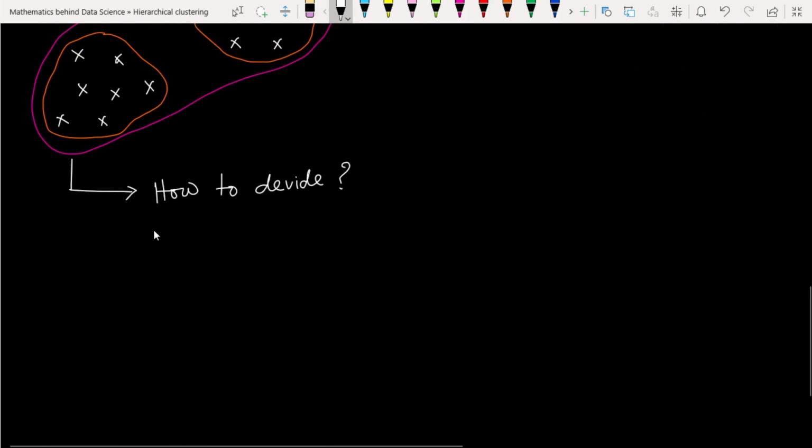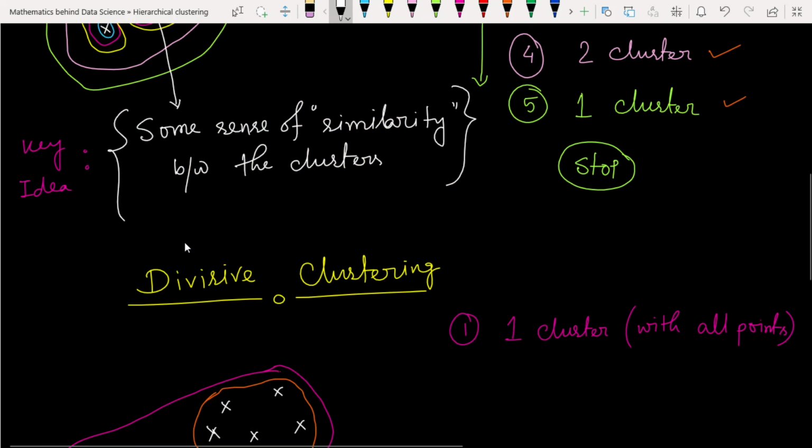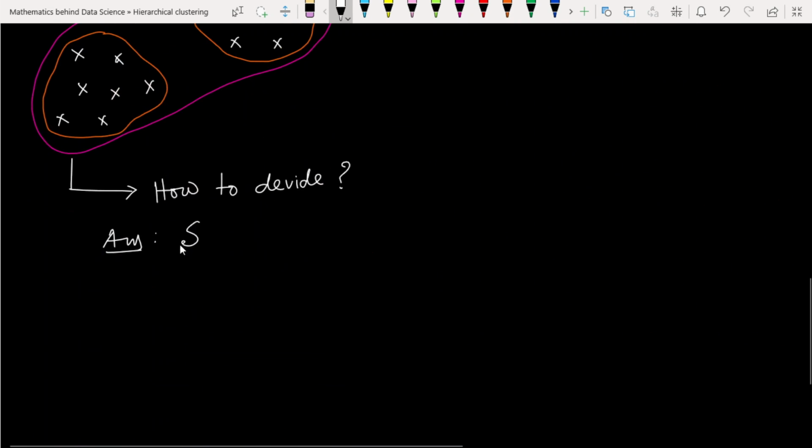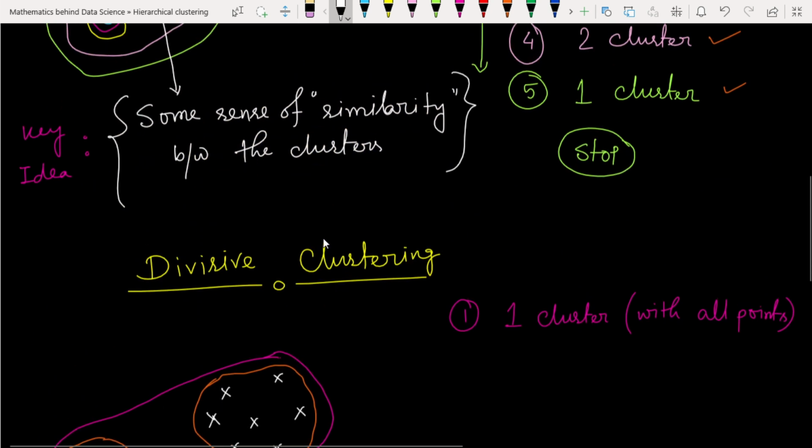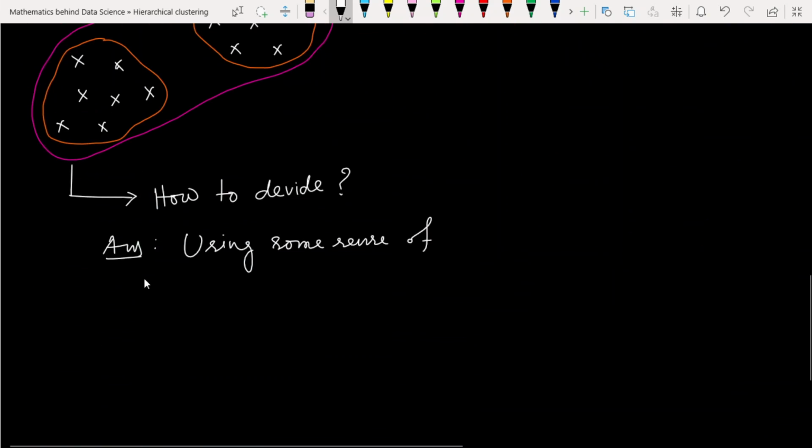Here we will divide using some sense of distance between two clusters.